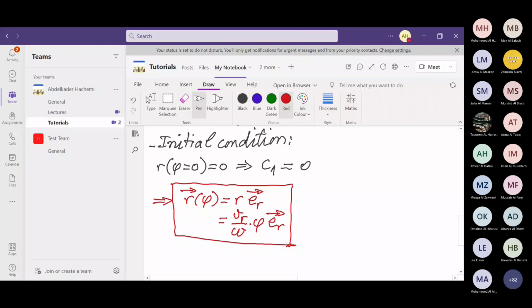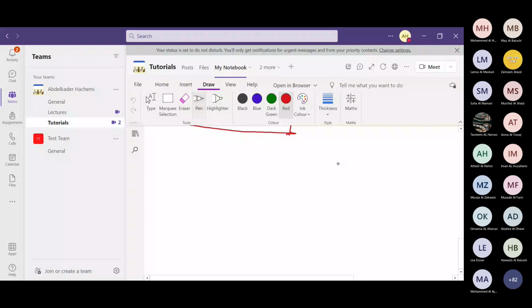Now coming to the second part, which is asked for the velocity v as a function of phi.